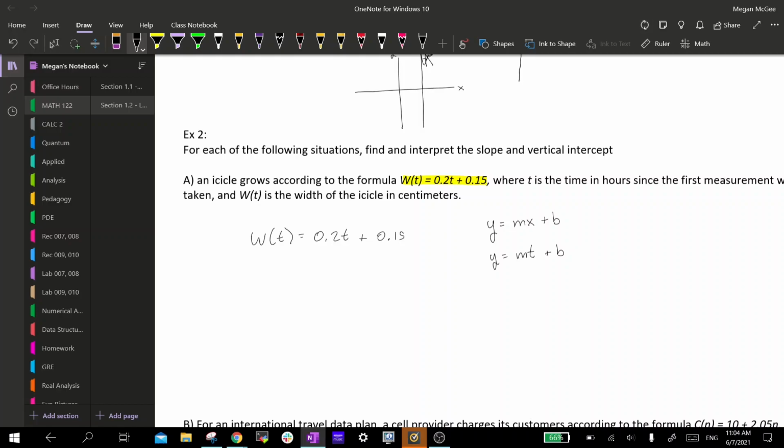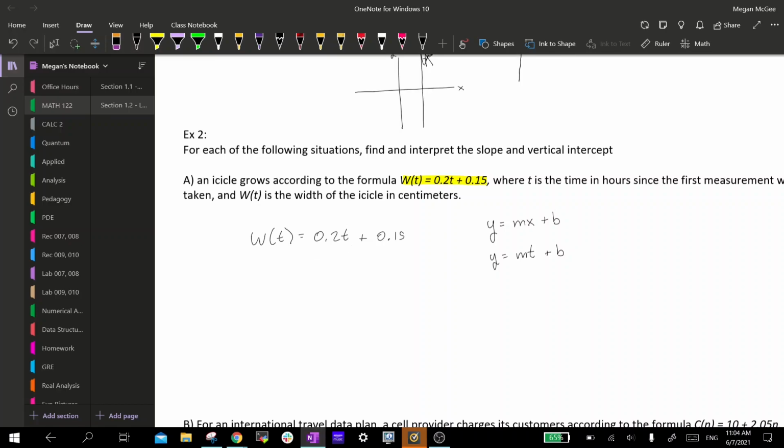Okay, if we look at this formula here and this formula here, we want to try to match some parts. So what are we multiplying by t in our formula that we were given? Well, we're multiplying by 0.2.